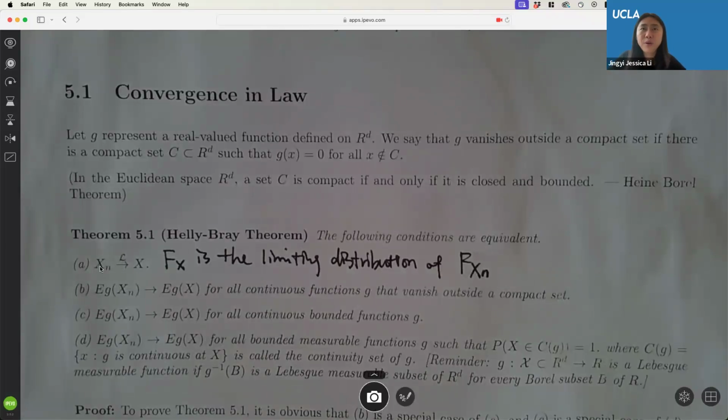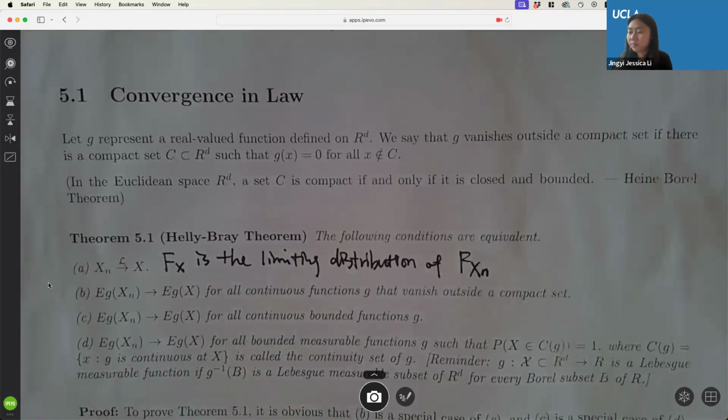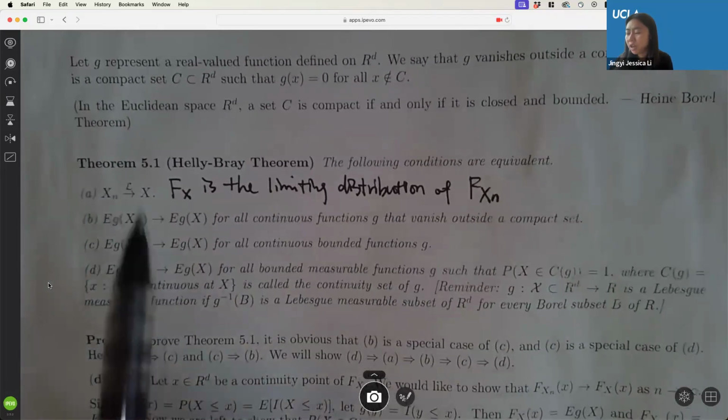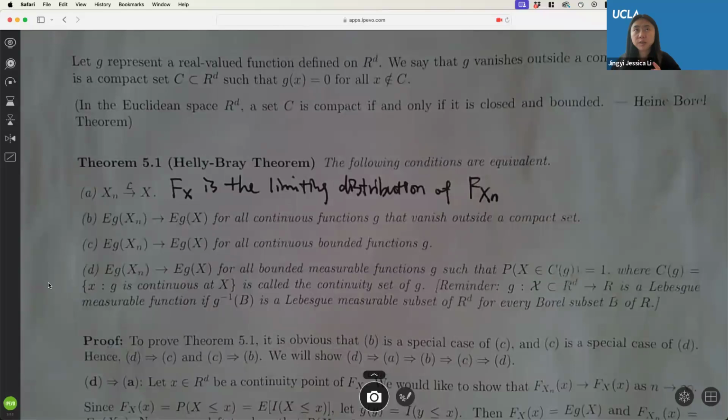And this Helly-Bray theorem is a foundation for obtaining the widely used theorem which allows us to use convergence of characteristic functions to prove convergence in law. That's the result we use for deriving the central limit theorem. So Helly-Bray is just the foundation of that.